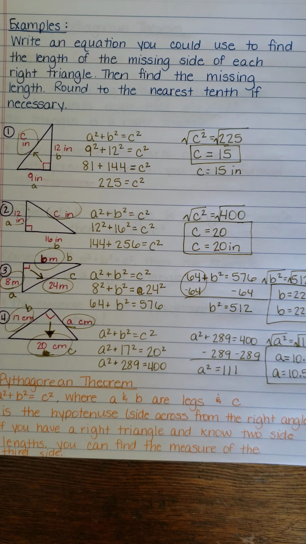So that's a quick wrap on the Pythagorean theorem. Just remember, it can only be used in a right triangle. The formula is A squared plus B squared equals C squared. Side A and B are legs, and side C is the hypotenuse, and it is across from the right angle. So have fun solving problems using the Pythagorean theorem.